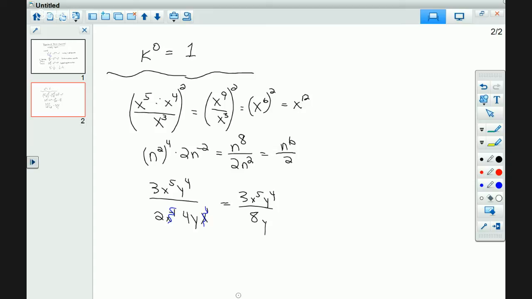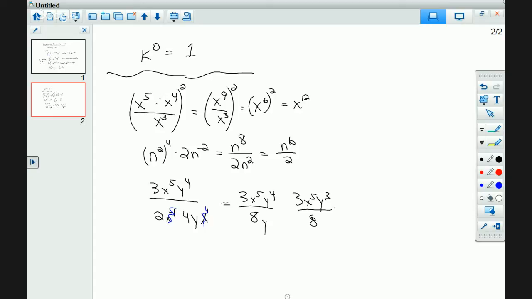Subtract 4 minus 1 is 3. So 3x to the 5th, y to the 3rd, and 18. As far as I can go? So an x and a y. That's it. Okay? You just go step by step on these, follow the rules.